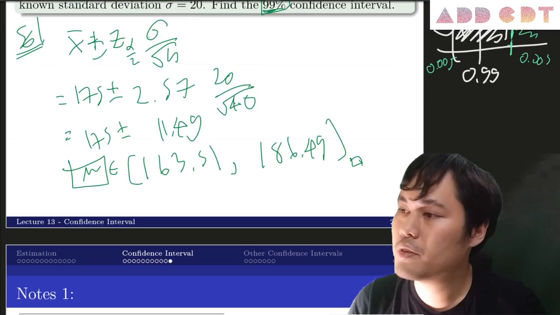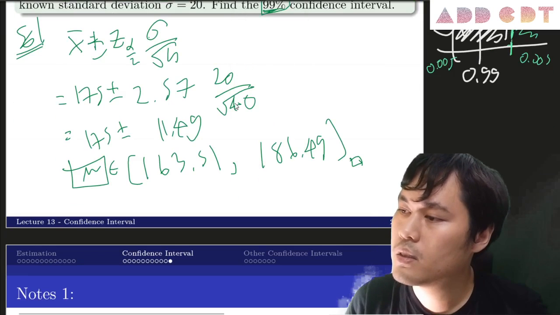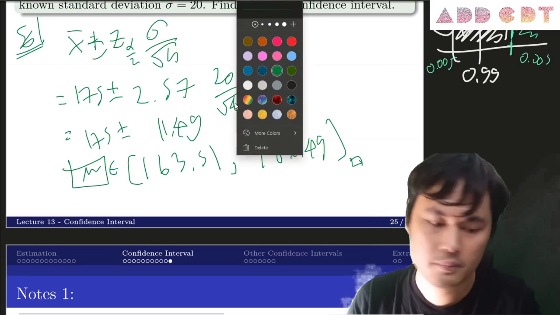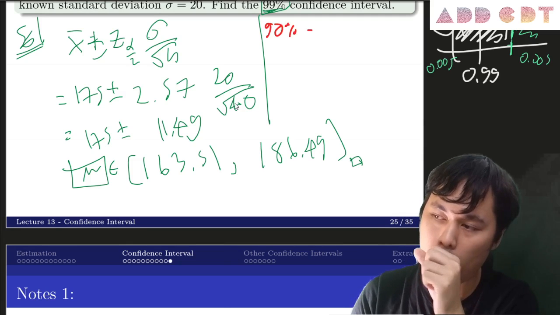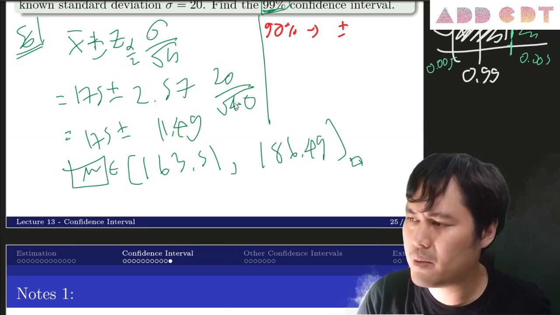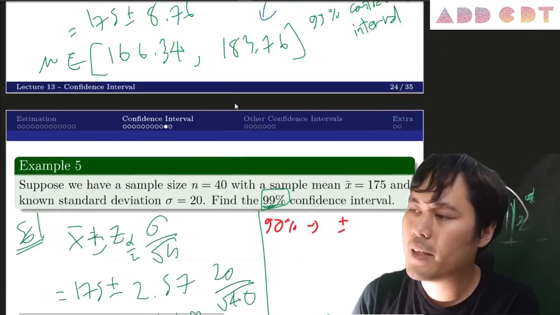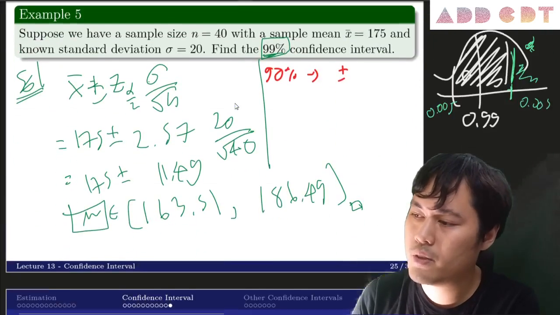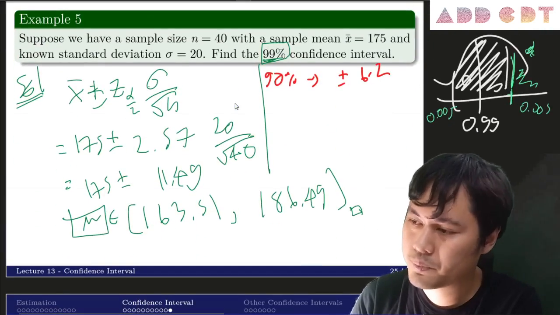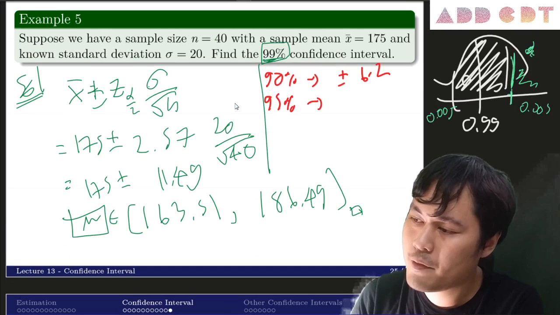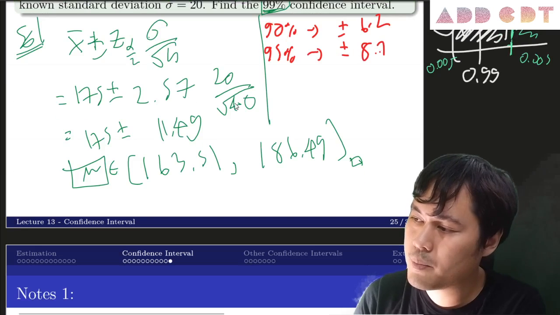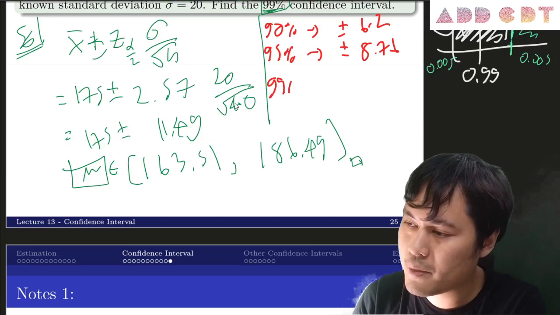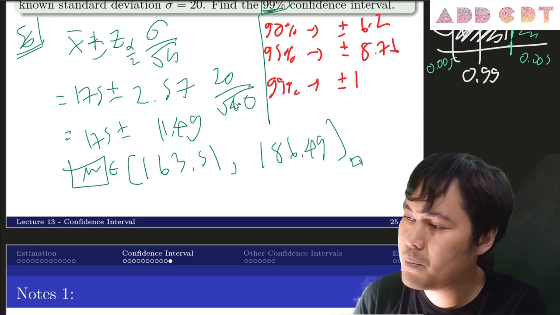Right, so to summarize here, for 90% we have plus or minus 6.2. For 95% we have the error as 8.76, and for 99% that becomes 11.49.